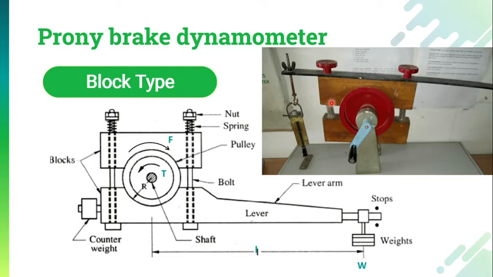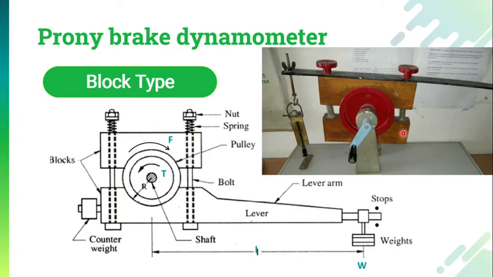As I told you, this pulley is connected with the generator or the motor. So the shaft will rotate with the generator or motor, and the rotation power will be transmitted to the pulley, and the blocks will try to create friction, or resist this rotation.